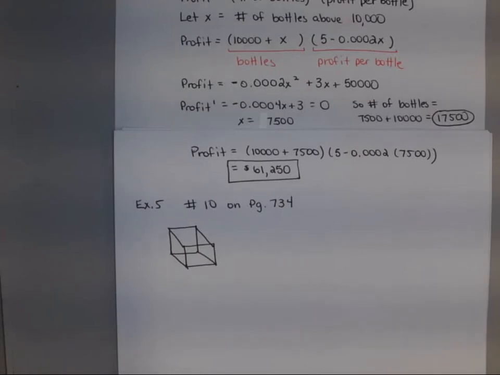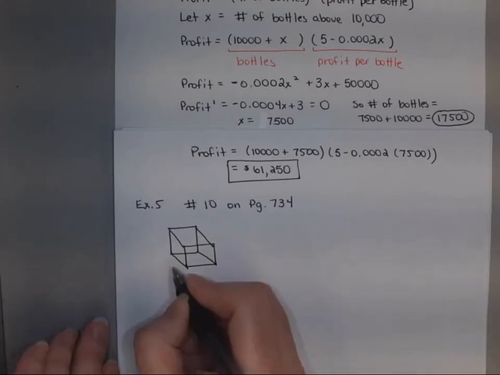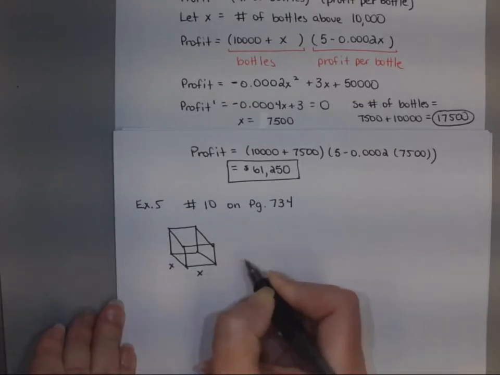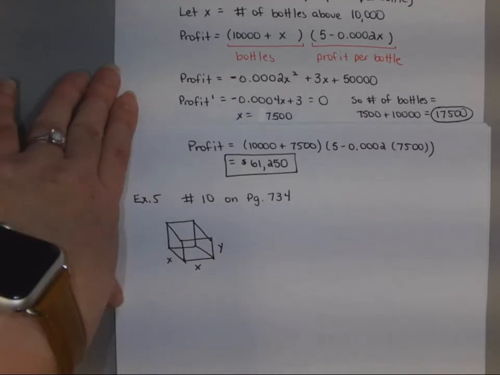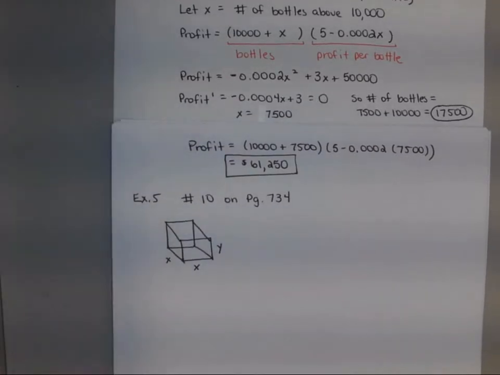It says refer to number 9. All right, so this is the dimensions that it gives us, x by x by y. That's why I said it's a rectangular prism, right? It's not actually a cube if it's not all the same measurements, okay?